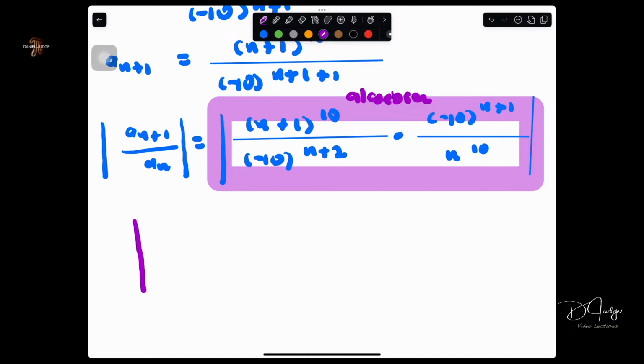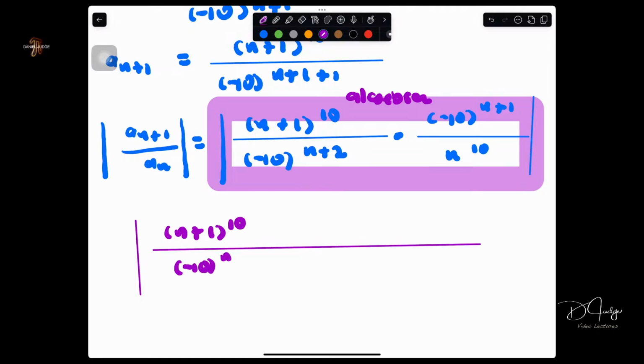So this is the absolute value of n plus 1 to the 10th power over negative 10 to the nth power times negative 10 squared. Negative 10 to the nth power times negative 10 times n to the 10th power, just using properties of exponents. Now cancellation here and here.